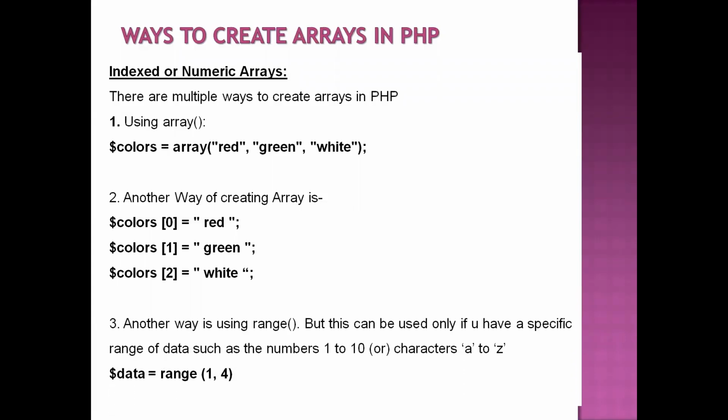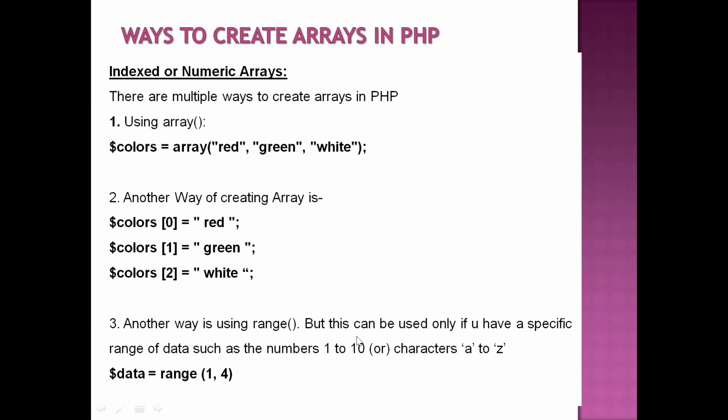The third way of creating the array is by using the range function. It is very important to know about this range function. This is one of the specialities of arrays in PHP. Suppose you want to create an array with consecutive numbers, with some range of numbers like from 1 to 10 or 1 to 5, then we need to go for the range function.